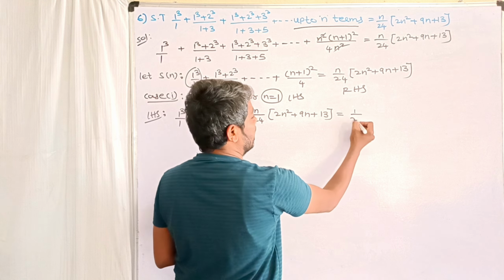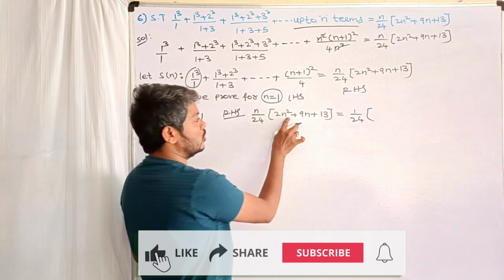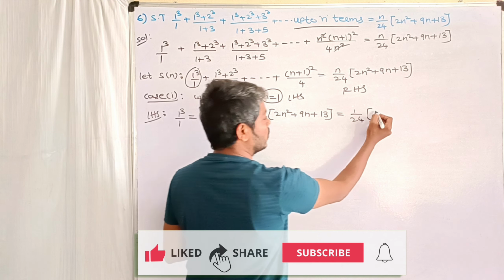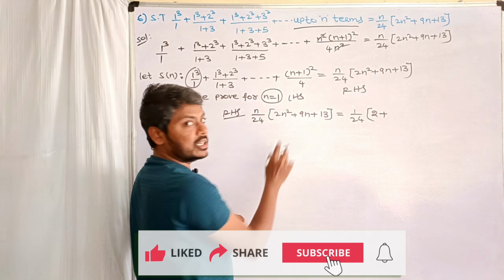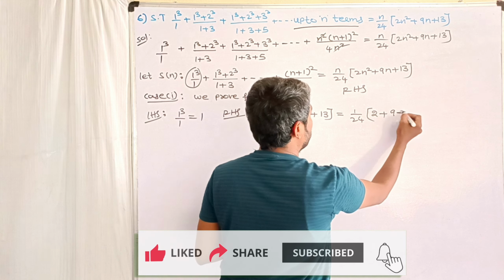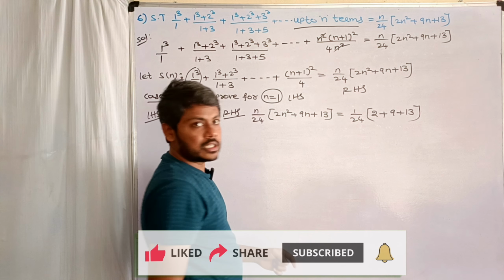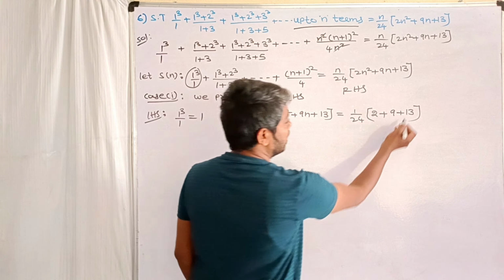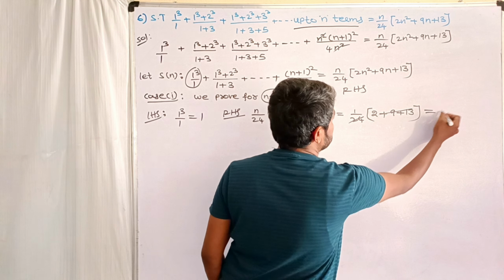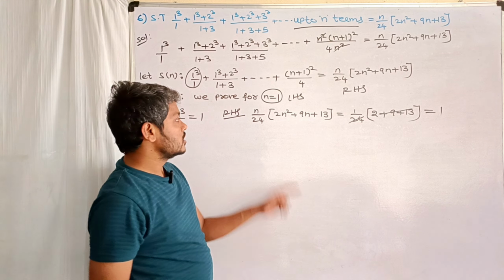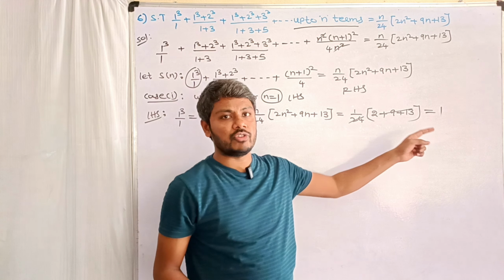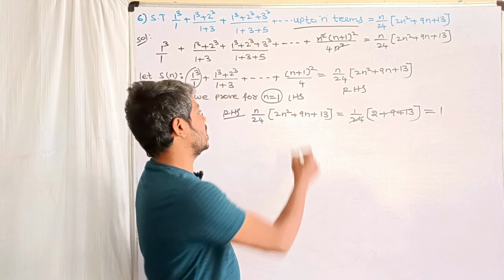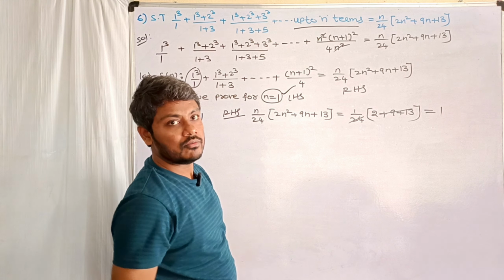That is 1 by 24, 2 into 1 square, 2, plus 9 into 1, 9, plus 13. So here 2 plus 9, 11. 11 plus 13, 24. Clearly 24, 24 cancel. This is also 1. So LHS 1 and RHS 1, we can say that the given statement is true for n is equal to 1.